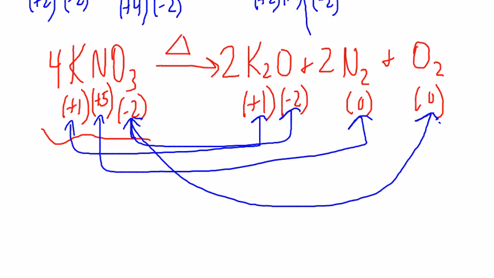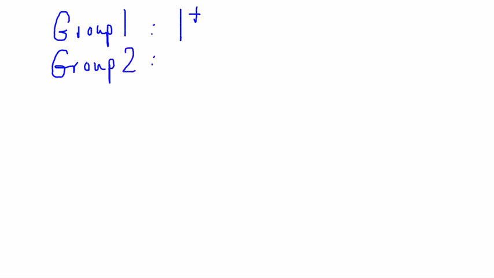Now let's go over the hard and fast rules that apply in every scenario. Here are the rules for all redox assigning. Group 1 elements are always going to be +1 in every compound. Group 2 elements are always going to be +2 in every compound.